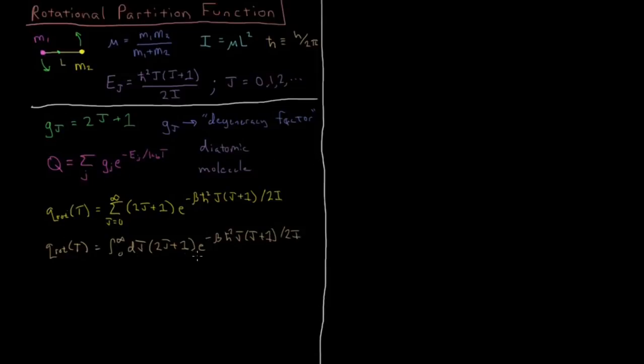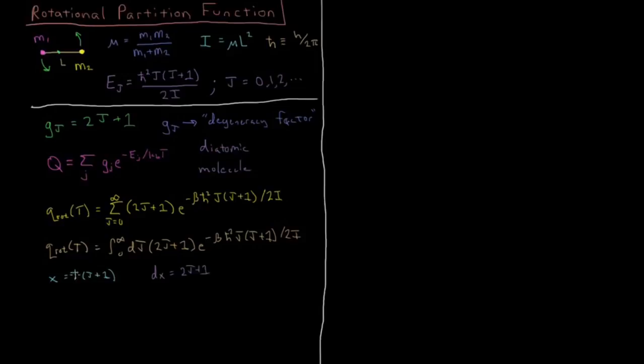Okay, so in order to evaluate this integral here, we're going to do a substitution. That substitution, you might guess, is that x is going to be j times j plus 1, as we see up in the exponent here. And then, taking the differential of that, dx is going to be 2j plus 1.